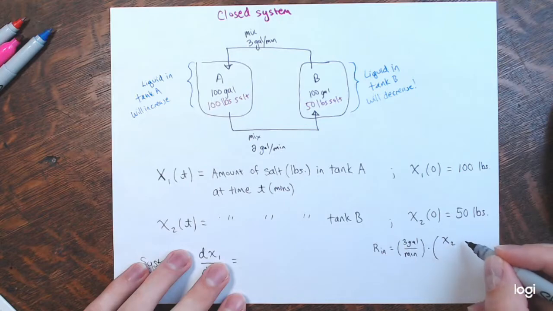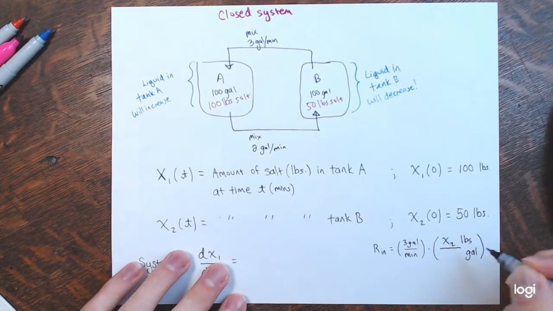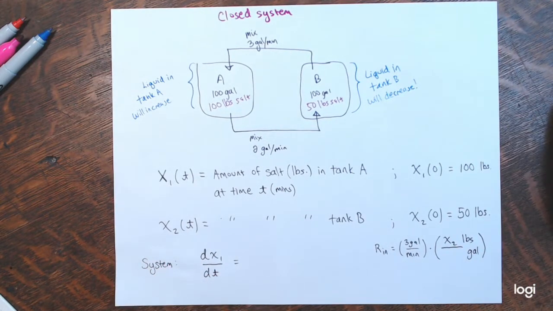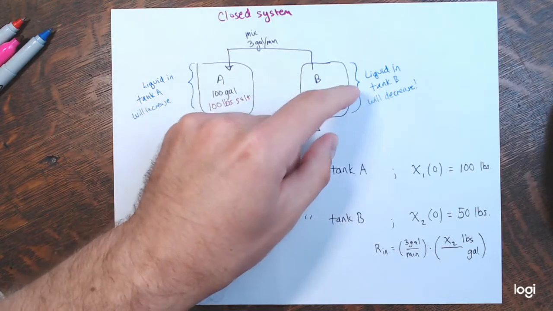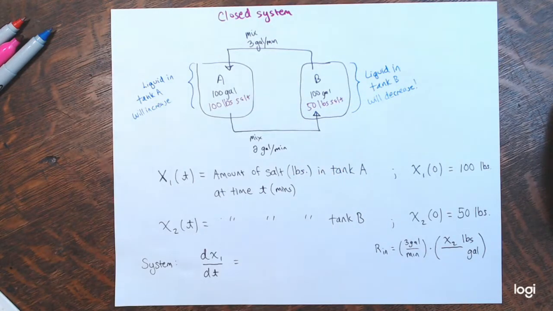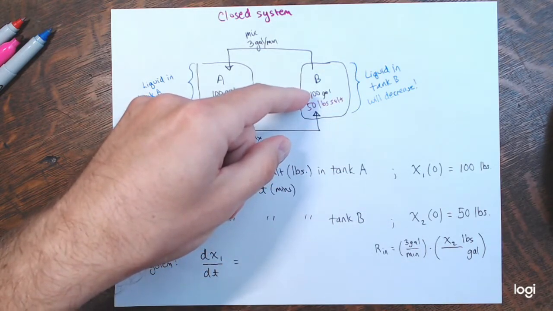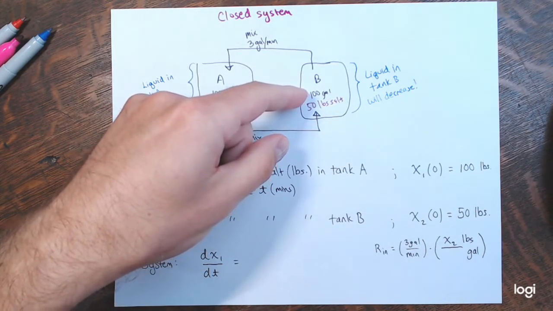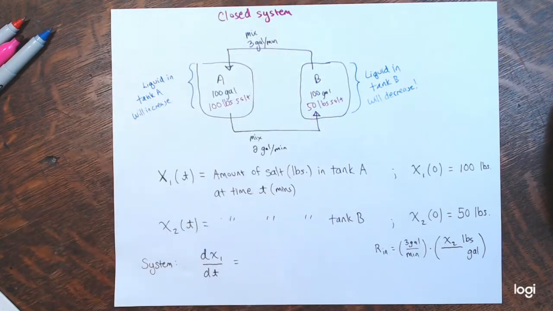There are x2 pounds of salt at any given moment, divided by now the number of gallons in tank B. The number of gallons of that mixture in tank B at any given moment is not always 100. Because like I said, the amount of liquid will decrease over time.